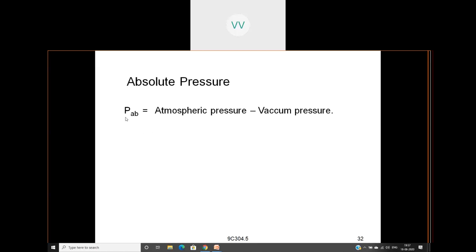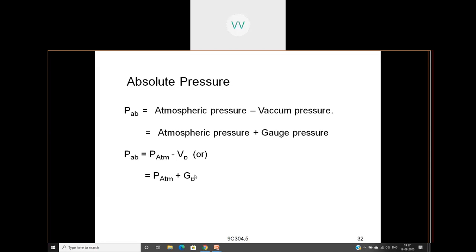So the P absolute is equal to, let us see, atmospheric pressure minus vacuum pressure, or atmospheric pressure plus positive gauge pressure. We can put these two equations together with a plus or minus option. So P absolute is equal to P ATM minus VP or P ATM plus GP.